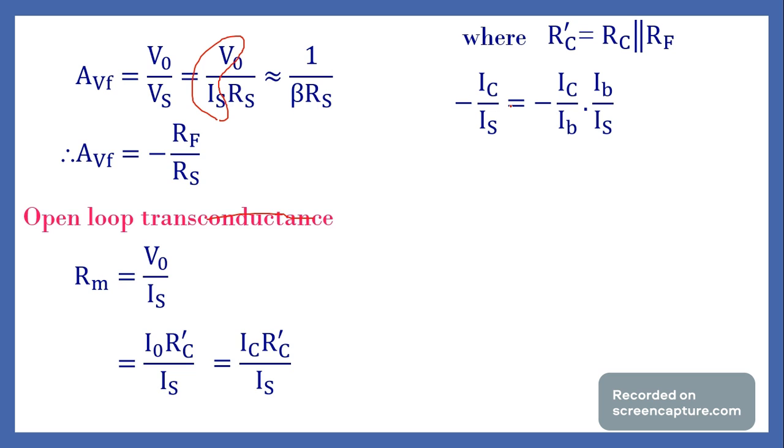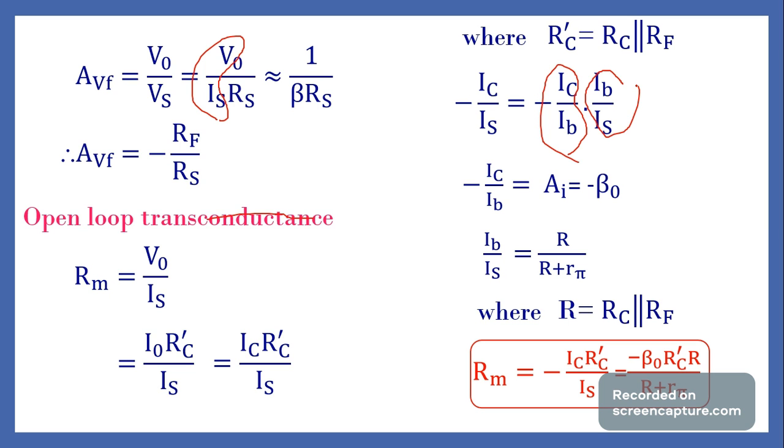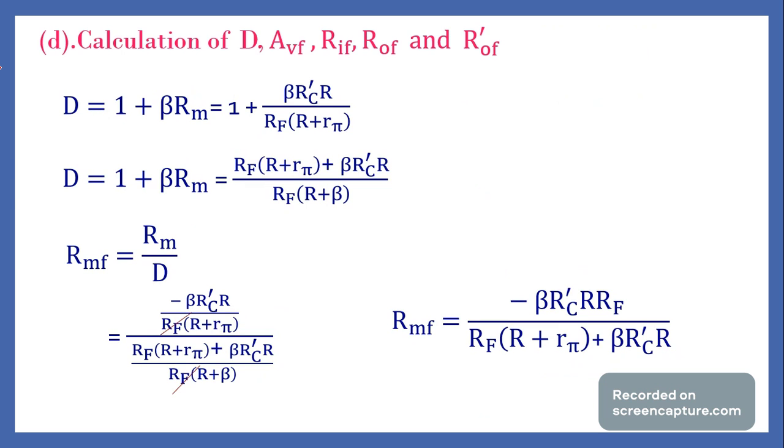Ic by Is can be written as Ic by Ib into Ib by Is. This is nothing but our hFE. In order to find Ib by Is, we have to apply the current divider rule at the input side. Substituting, we get the open loop transresistance. We know the desensitivity is equal to 1 plus beta Rm. Substitute over here.